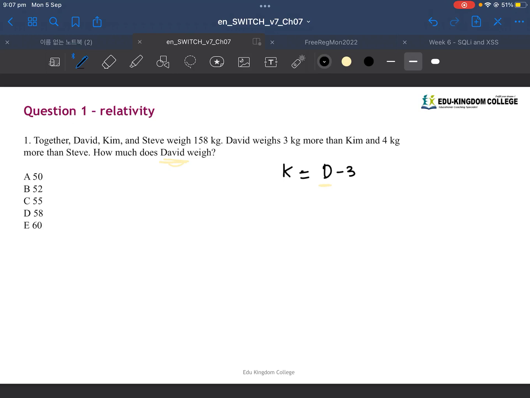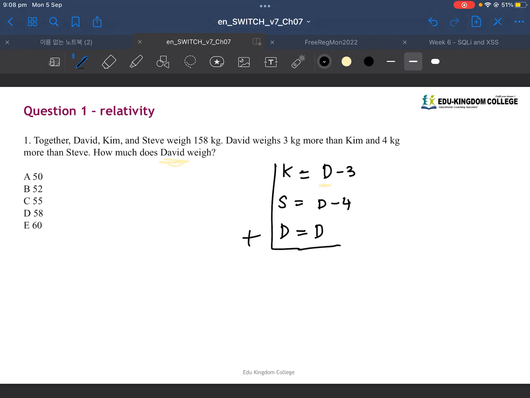Now, then we have Steve. Steve is D minus 4. So 4 off of David, right? And what do we know D to be? We know David is just David, okay? And I state that because it's clearer for you to see that now, imagine I add all of this.